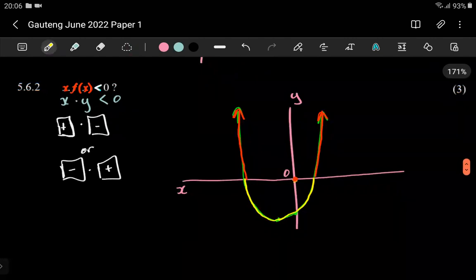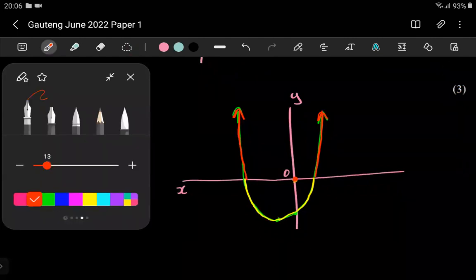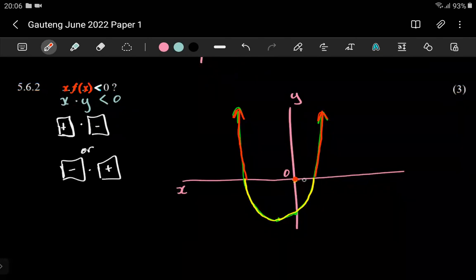Now, if you look nicely, this part here, you have positive x values. And then to the left, you have negative x values, you see. So the red is representing positive y values and positive x values. The yellow is representing negative x values and negative y values.